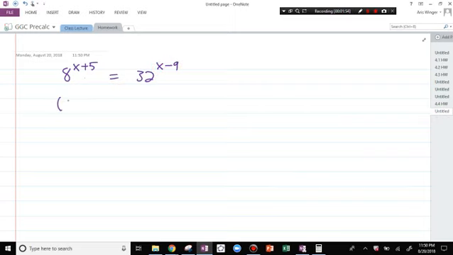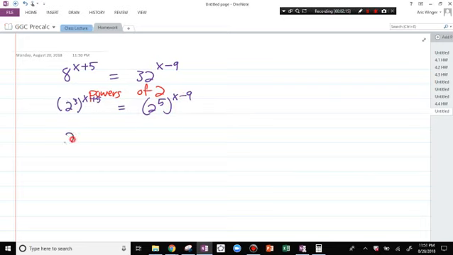We'll rewrite the 8, so we'll make this remark that these are powers of 2. All right, so that 8 is 2 to the 3rd raised to the x plus 5 equals 32 is 2 to the 5th raised to the x minus 9.